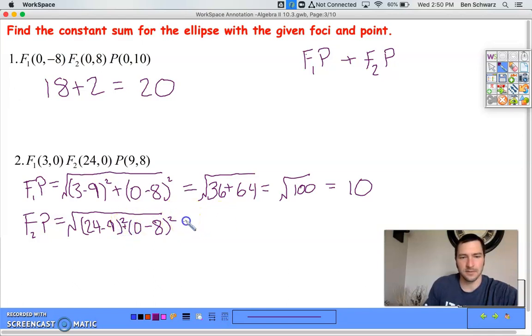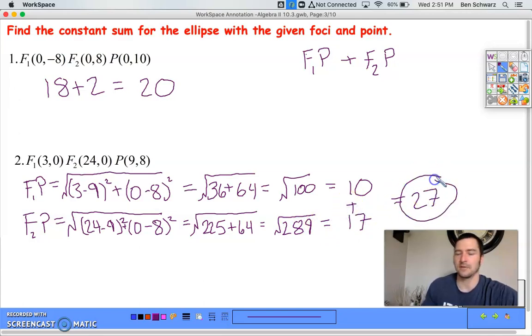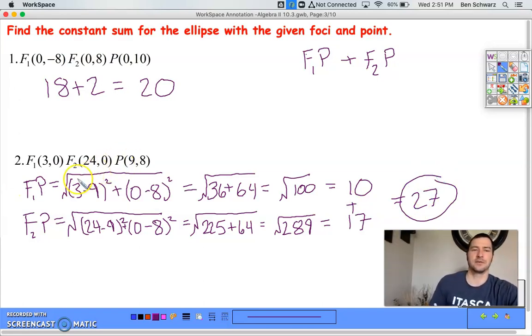Simplifying that, 24 minus 9 is 15. 15 squared is 225 plus 64, so that would be the square root of 289, which is 17. So when we add those, our constant sum is going to be 27. So finding the constant sum, basically you're just finding two distances and adding them up.